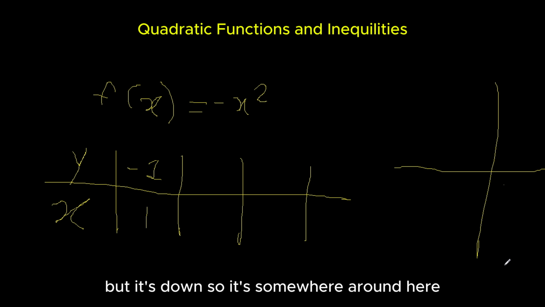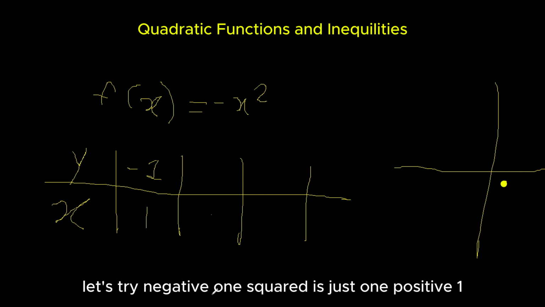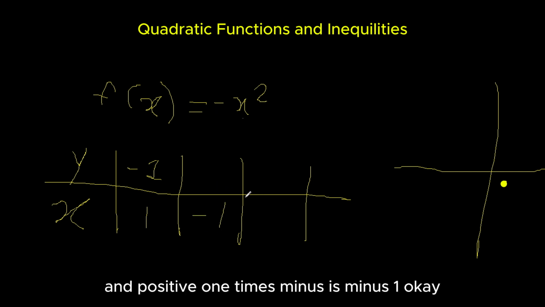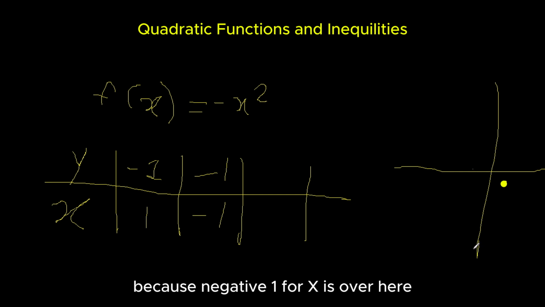So it's somewhere around here. Okay, let's try negative 1. Negative 1 squared is just 1, positive 1, and positive 1 times minus is minus 1. So negative 1 for x is over here and negative 1 for y is over here, so it's somewhere around here.